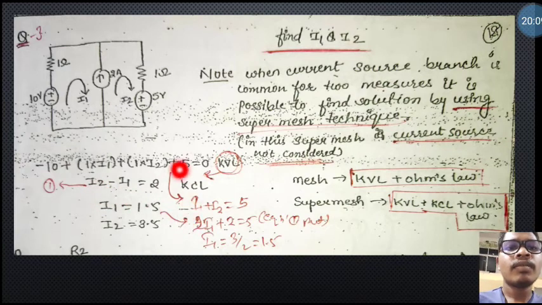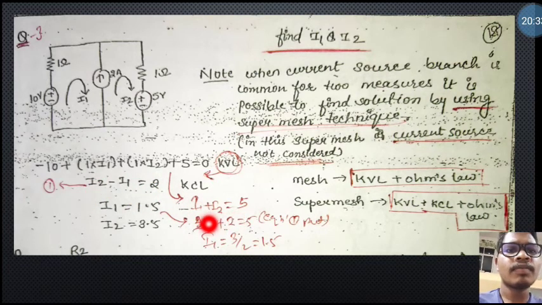Now after calculating, minus 10 plus 5 is equal to minus 5, so the loop equation is I1 plus I2 is equal to 5, and this is our equation number 1, I2 minus I1 is equal to 2. Put the value of I2, that means I2 is equal to 2 plus I1.